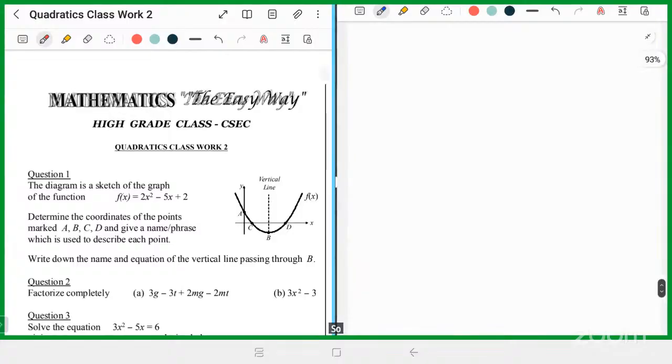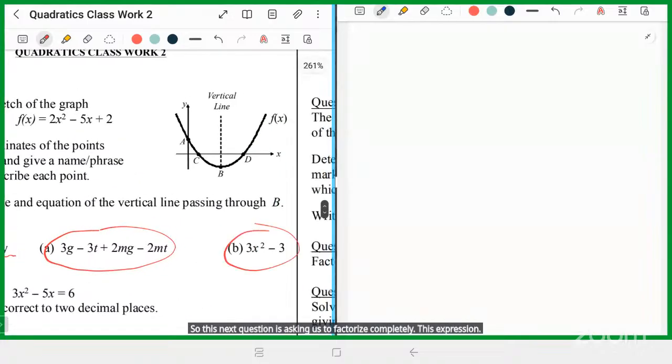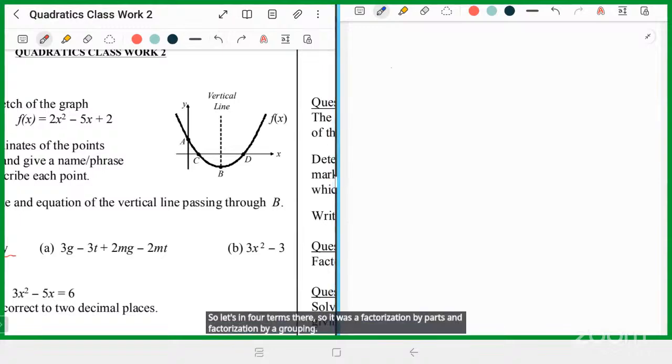So this next question is asking us to factorize completely this expression and this expression. Alright, let's do this one first. So it's 4 terms there, so we know it's a factorization by grouping. When you see 4 terms like that, that's the type of factorization that you get.